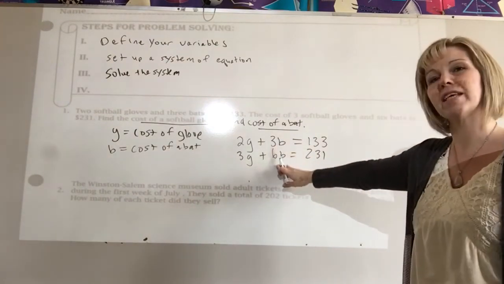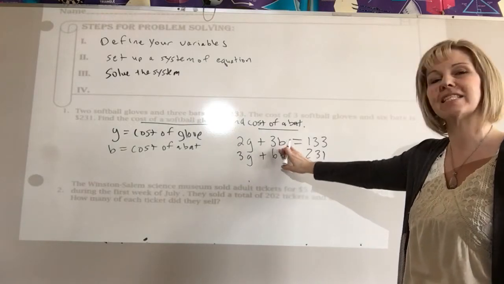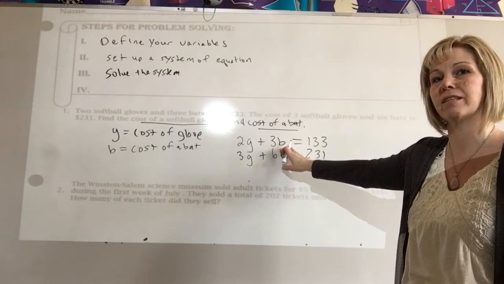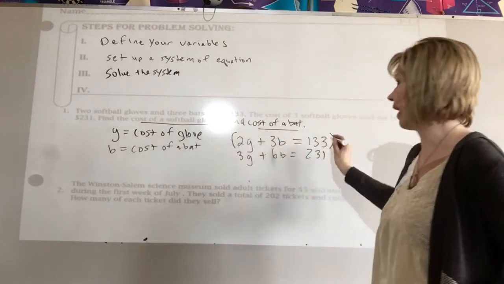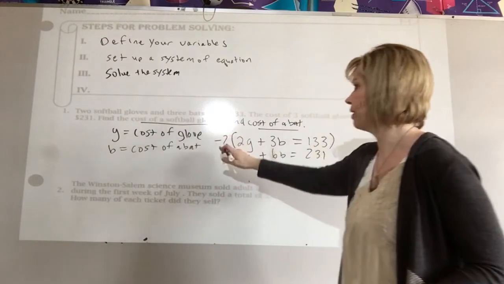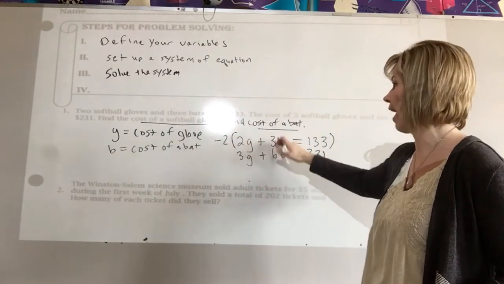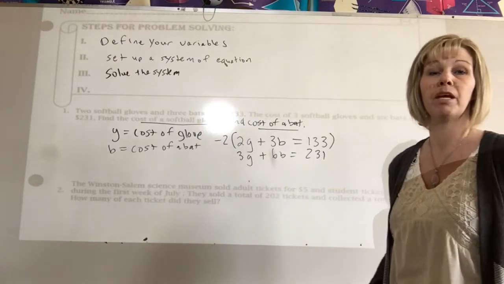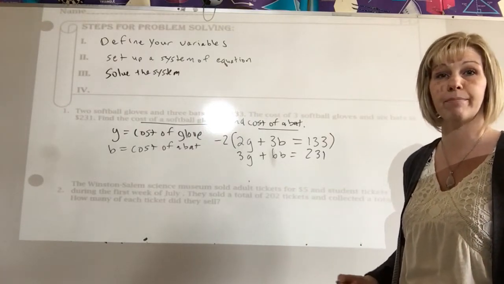So think about, if this is 6B, what does this need to say to get rid of it? Well, it needs to say -6. So I would need to multiply the whole top equation by -2. Whatever you do to one term, you've got to do to every single term to make the same equation. You're not changing it, you're just making a different version of the same thing.